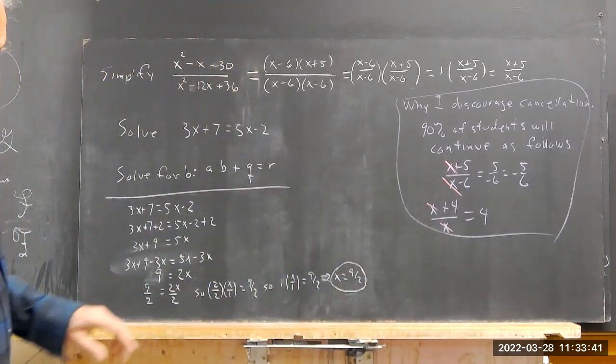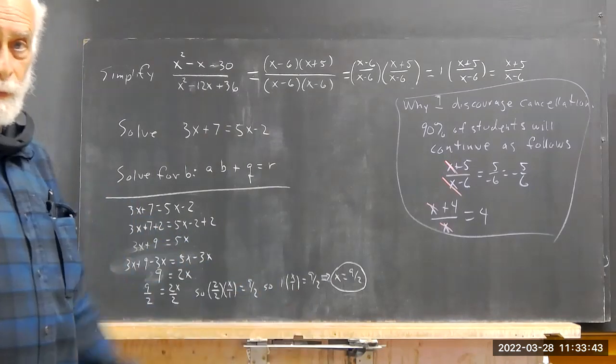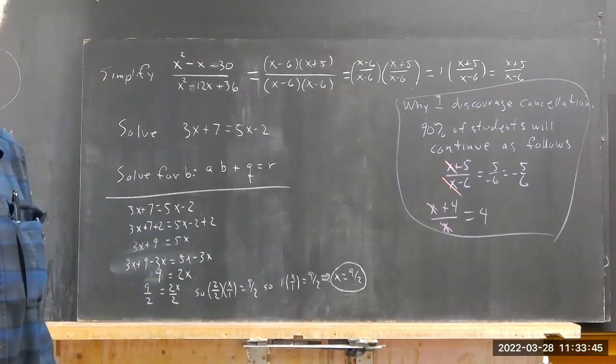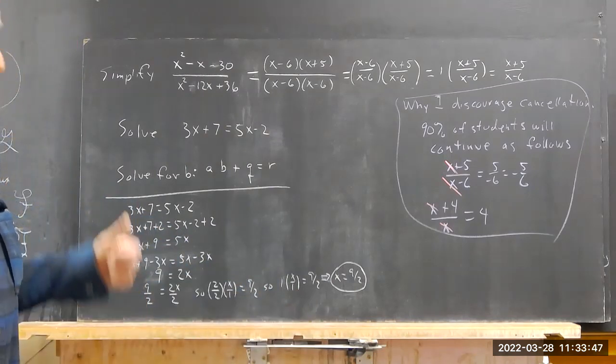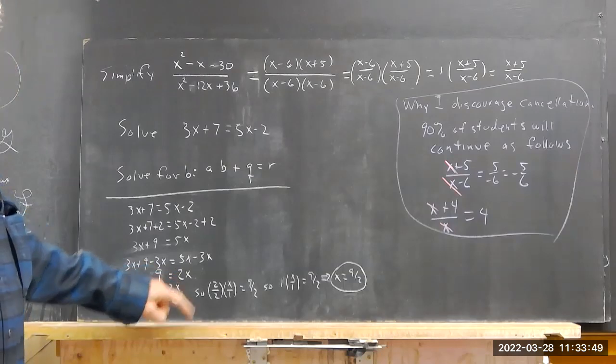Now, you might not want to go to the trouble of writing out this stuff every time. You ought to write it out once in a while to remind yourself of why you don't subtract that 2.